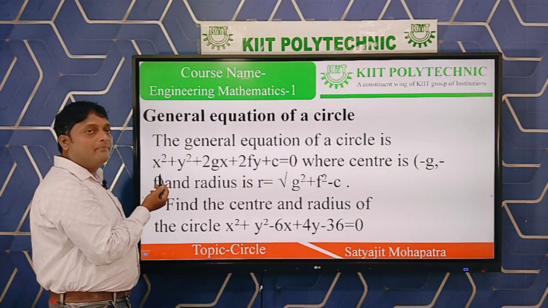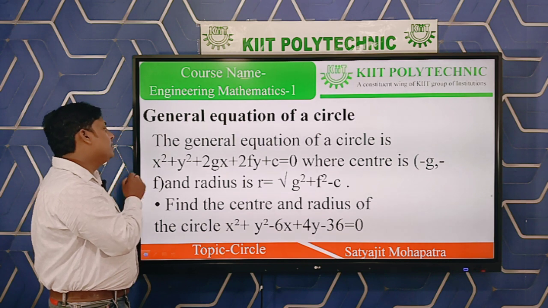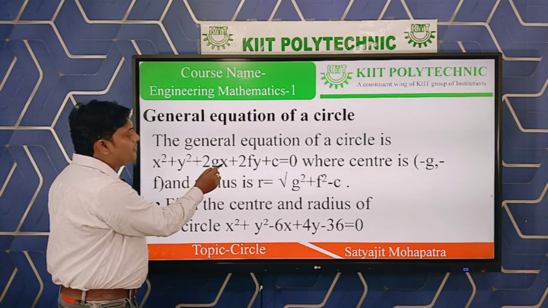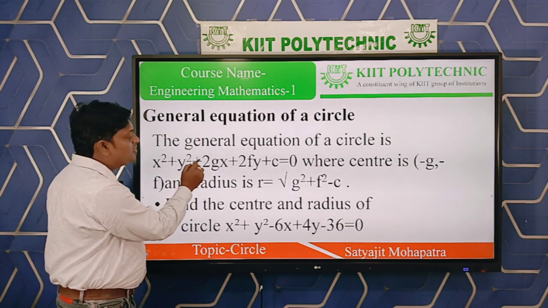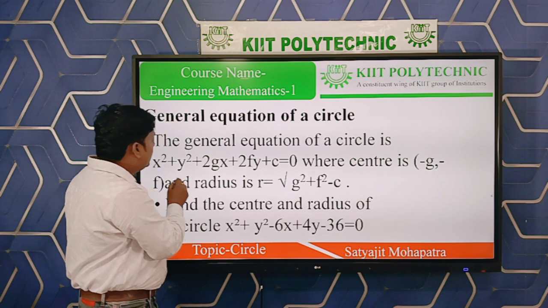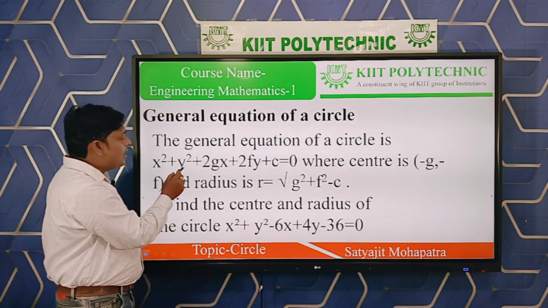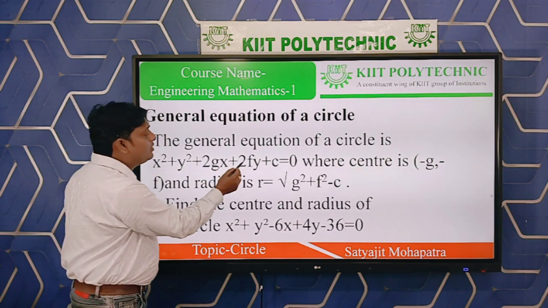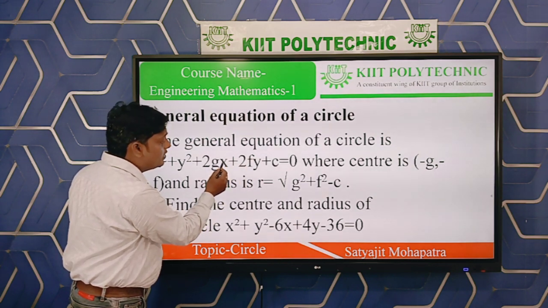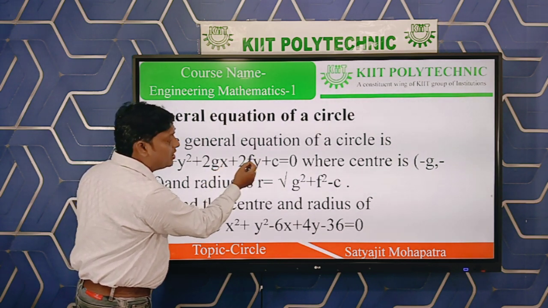So how to remember this? Remember it this way: x square plus y square plus the coefficient of x is 2g, that means plus 2gx, plus 2fy plus c equals 0. Here the first two terms are of second degree, and the middle two terms are of first degree because x's power is 1 and y's power is 1.